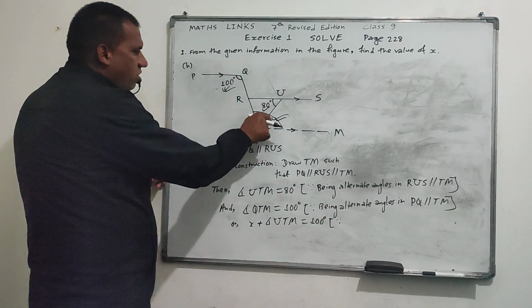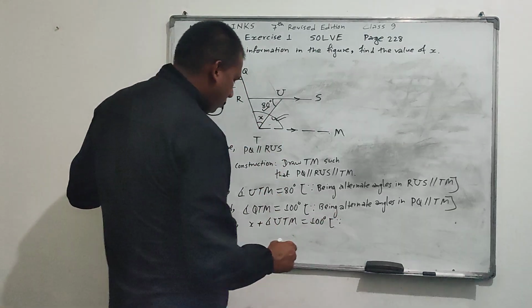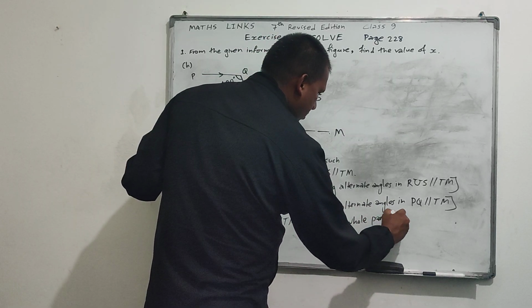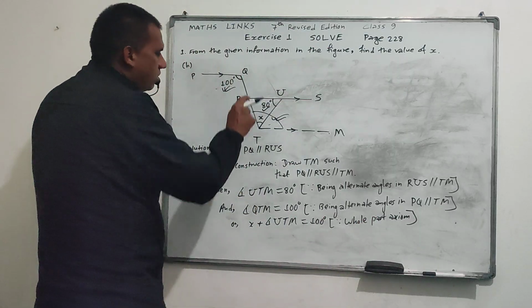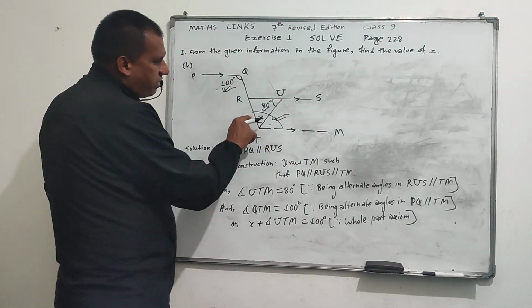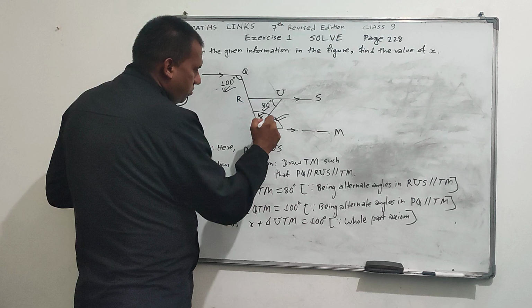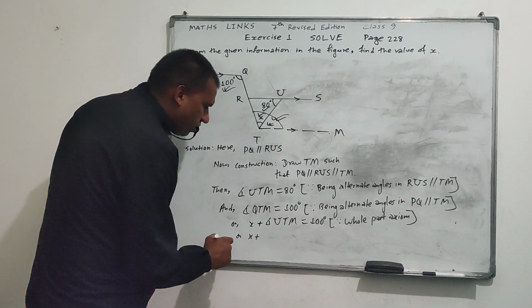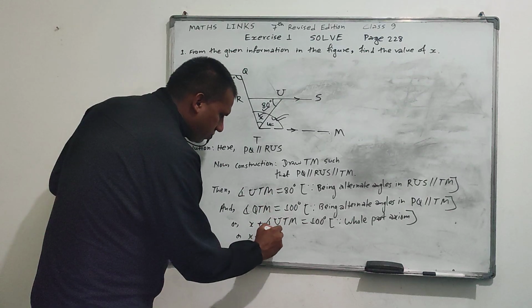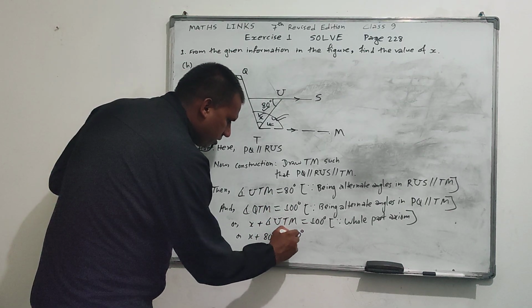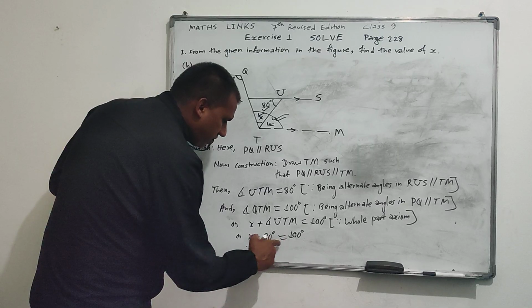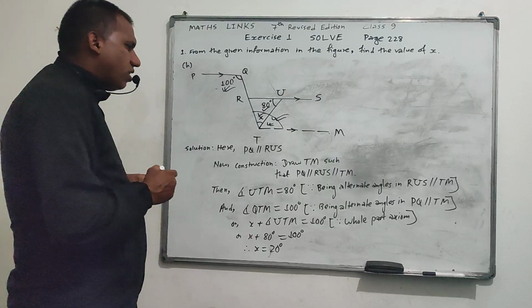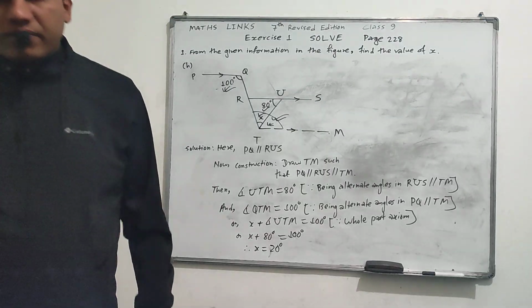This is called two parts of QTM. This is called the whole part axiom, because QTM is the sum of x and angle UTM. First part x, second part UTM. So x plus 80 equals 100 degrees. Therefore, x equals 100 minus 80, that is 20 degrees. This is the required value of x.